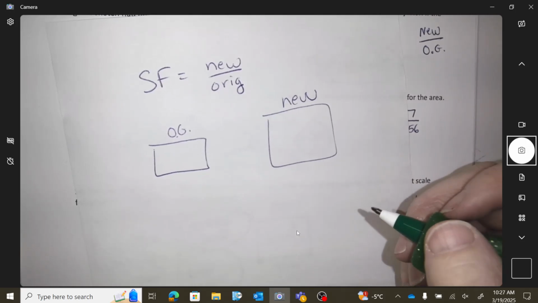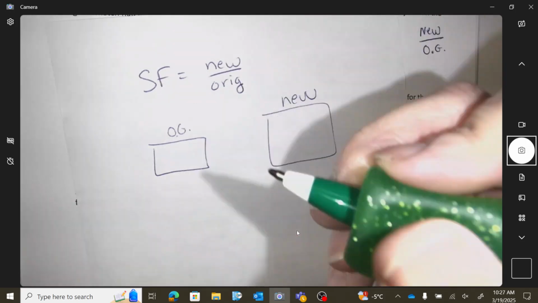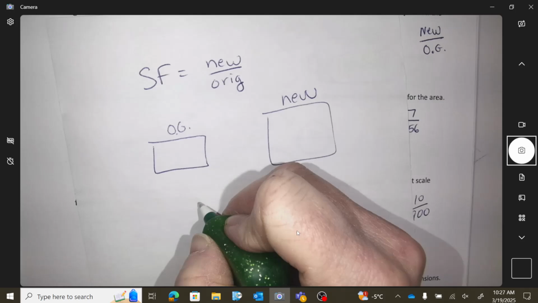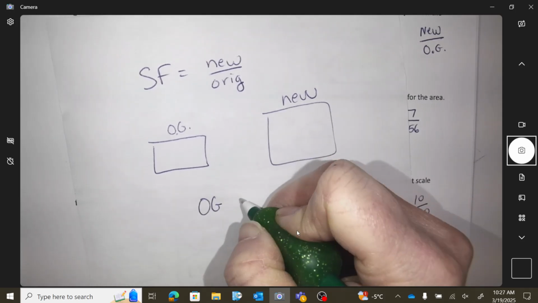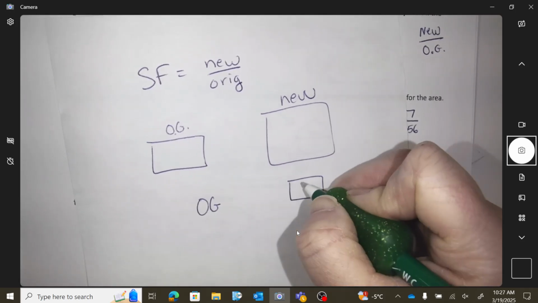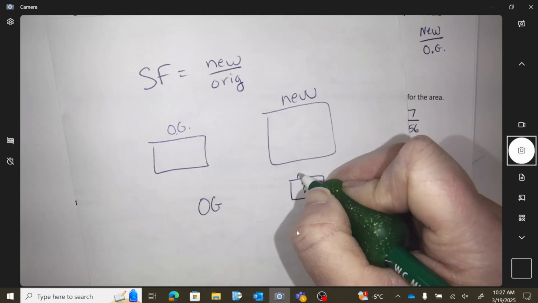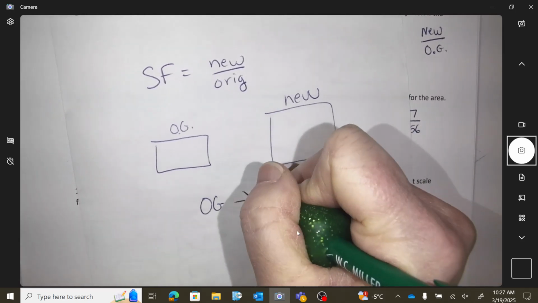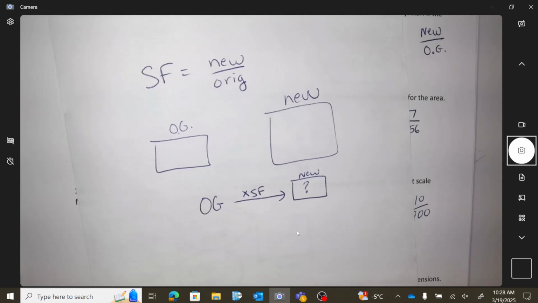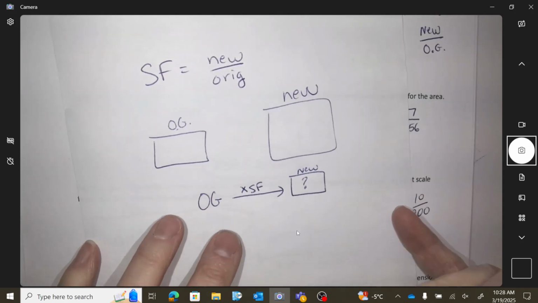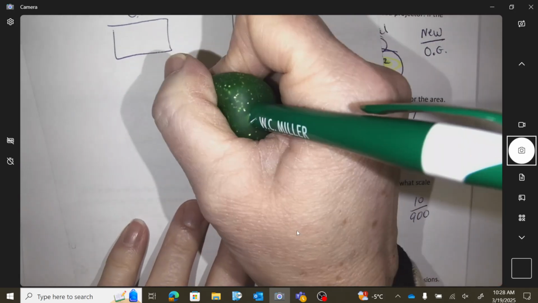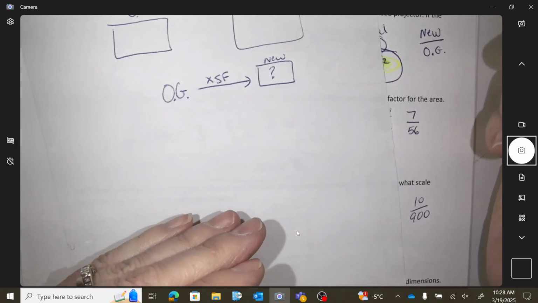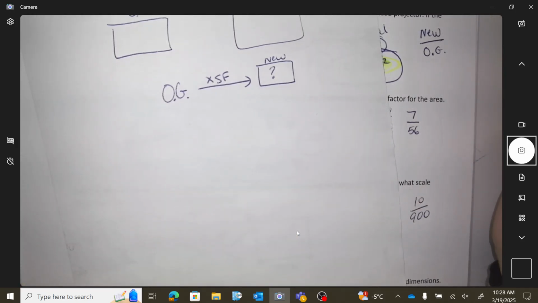Now, if I have the original and I want to know the new, I would times by the scale factor. If I had the original, I would times the scale factor to get the new.